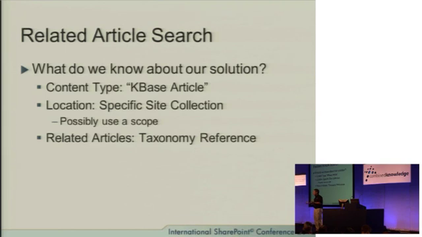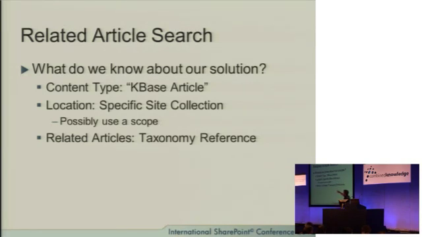But it doesn't mean you have to. You could still create a scope that said just search HR, just search IT. So if you wanted those search experiences to be separated, you could still do that. So in our case, we're not going to use a scope. I'm just going to return results from everything that I find.